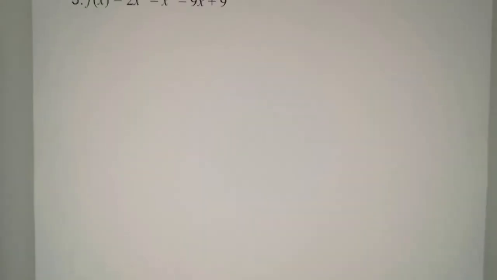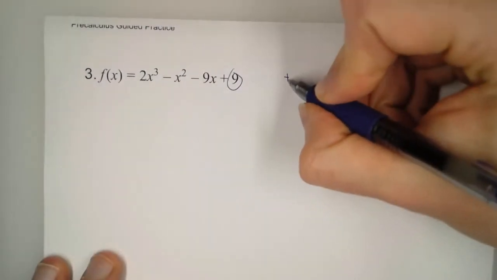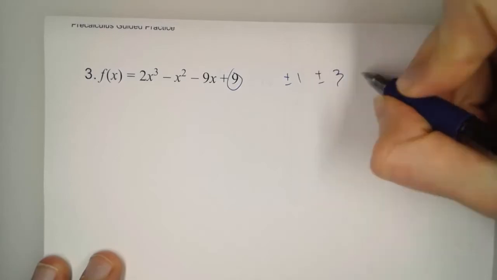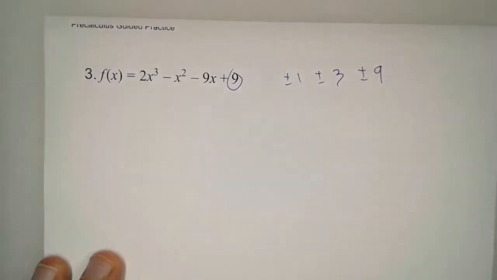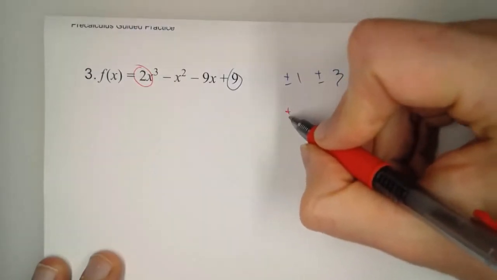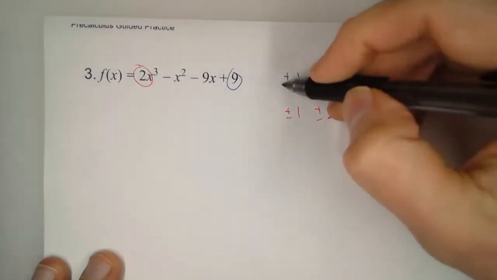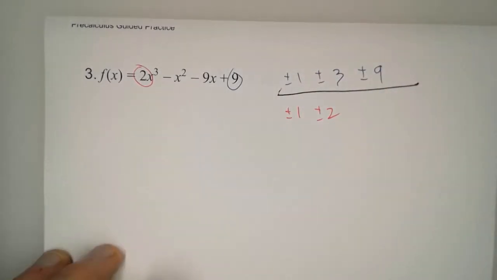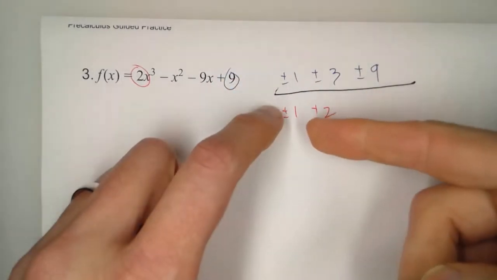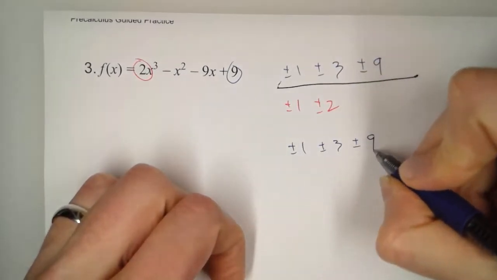All right. So the next one, here we've got 9. So let's see, plus or minus 1, plus or minus 3, plus or minus 9 on the top. And then on the bottom, we have plus or minus 1, plus or minus 2. So if I take all these numbers and divide by 1, then I get plus or minus 1, plus or minus 3, plus or minus 9.